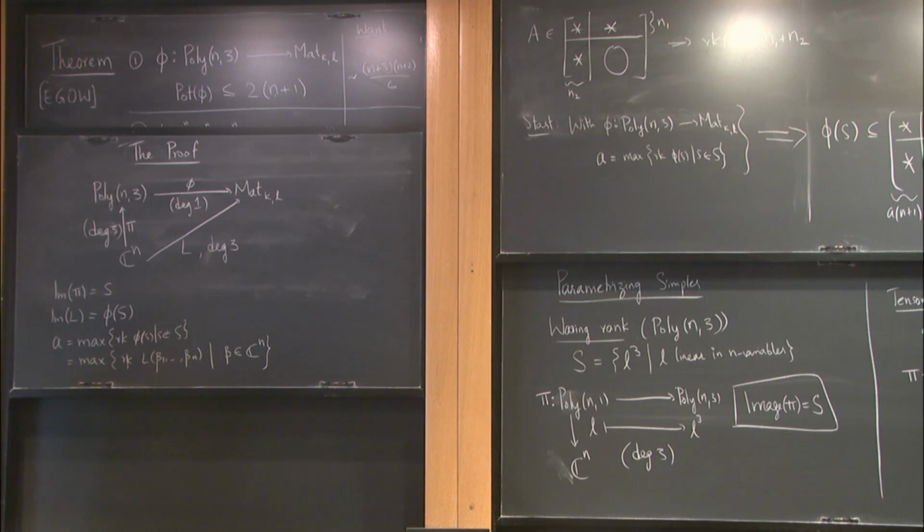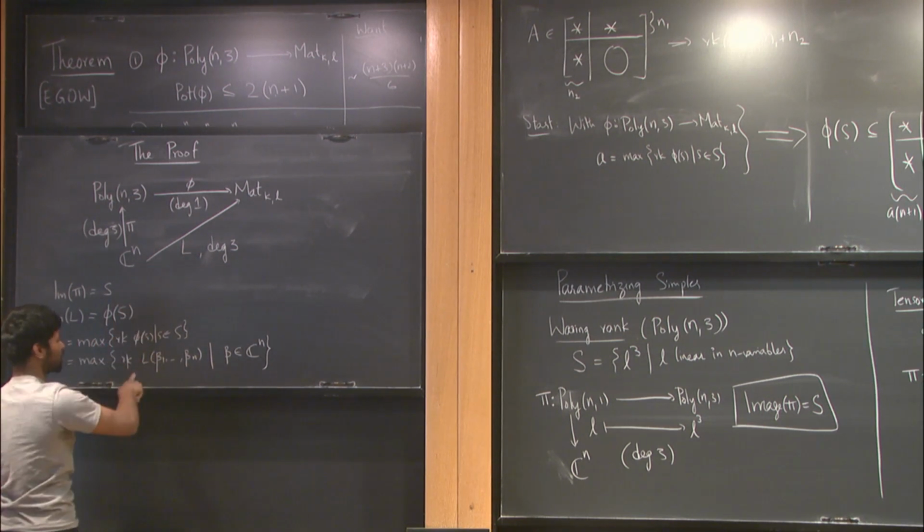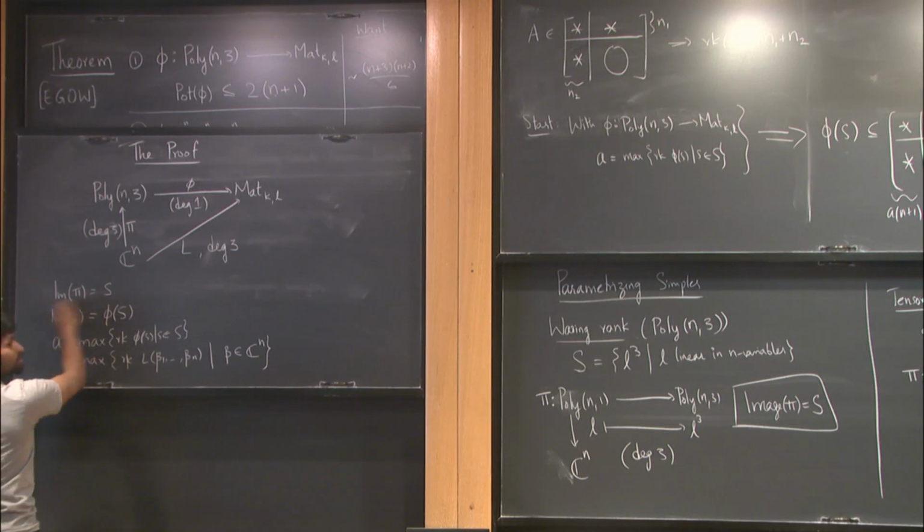So all I'm going to do is get rid of the maps phi and pi and write everything out in terms of L. So A, which was supposed to be the maximum possible rank of what a simple can go to under phi, will now become the maximum possible rank of whatever a point in here can go to under L. This just follows from this.